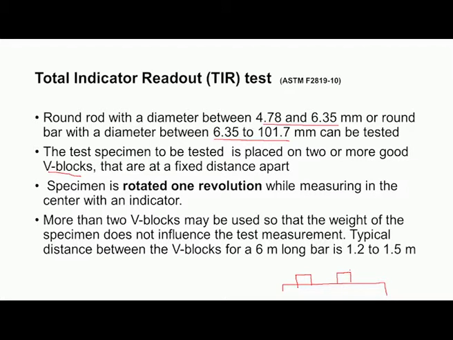If the length is say 2 meter, 3 meter, then we have to take 3 or more V blocks to support the rod. We have to thoroughly clean the datum surface as well as the V blocks, and the rod should be thoroughly cleaned, and then it is placed on the V blocks.